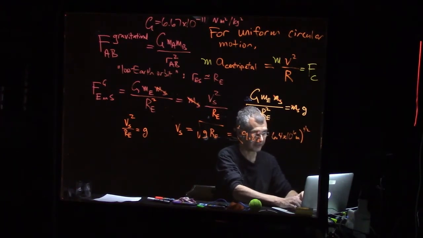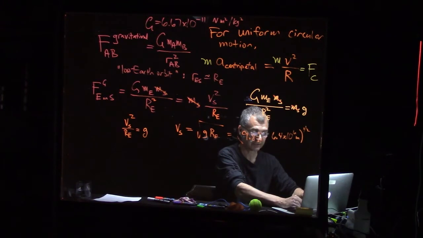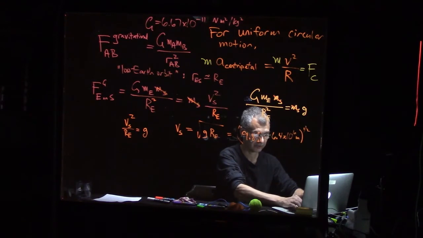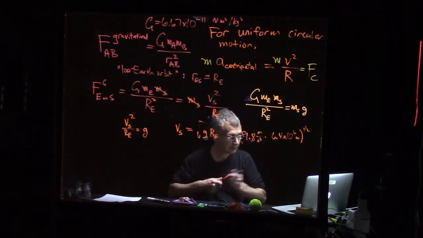So our check on all this is going to be that we know it takes about 90 minutes to go around. So let's say the square root of 9.8 times 6.4 10 to the 6th. So 7,900 meters per second roughly.